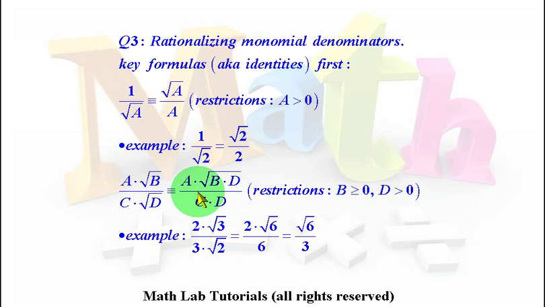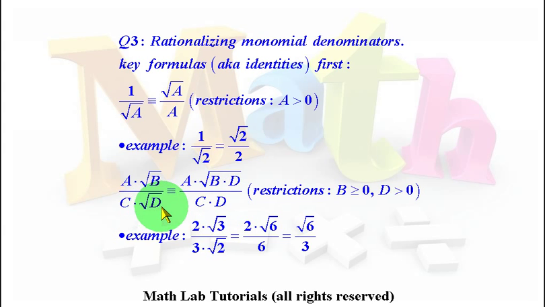If you multiply top and bottom by the square root of d, on top you get a root b times d, and on the bottom root d times root d is just d, so you get c times d. So a root b over c root d is identically equal to a root of b times d, all over c times d.